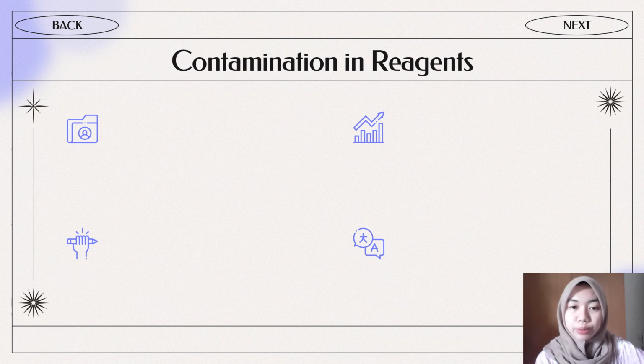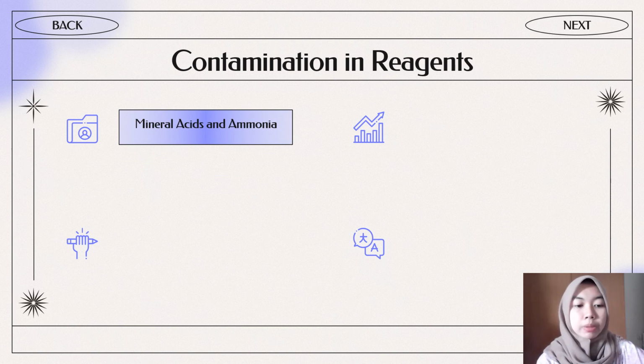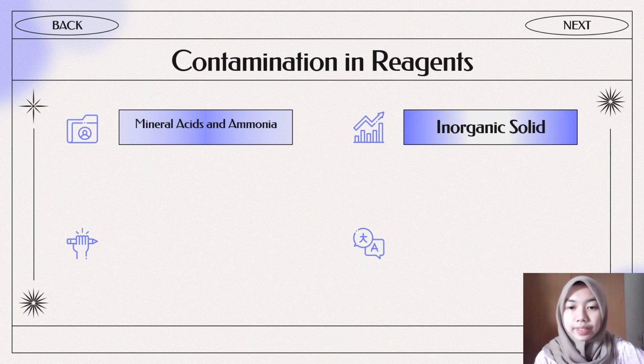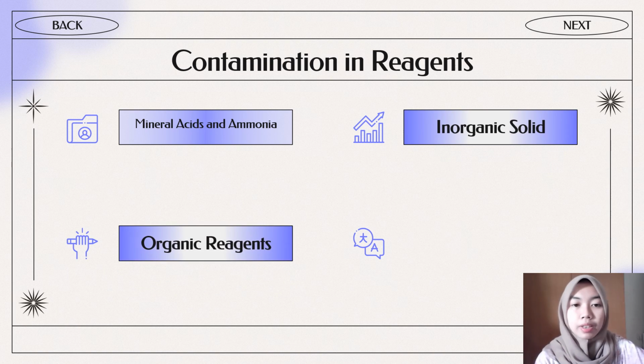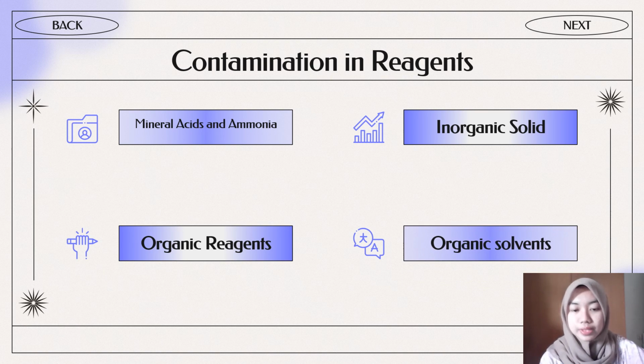Okay, in this slide, we will discuss contamination in reagents. Contamination in reagents can be grouped into four, namely: first, mineral acids and ammonia; second, inorganic solids; third, organic reagents; and fourth, organic solvents. We will discuss mineral acids and ammonia first. Mineral acids and ammonia can be divided into two.